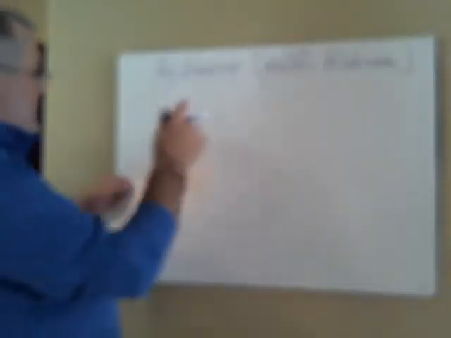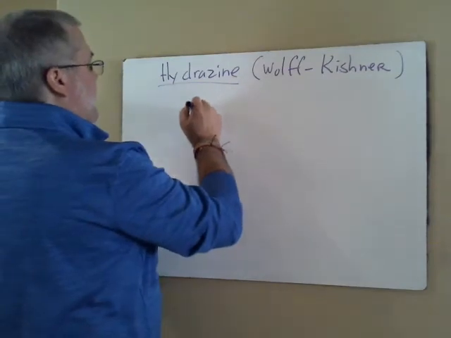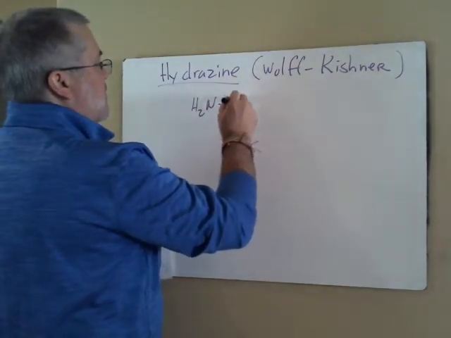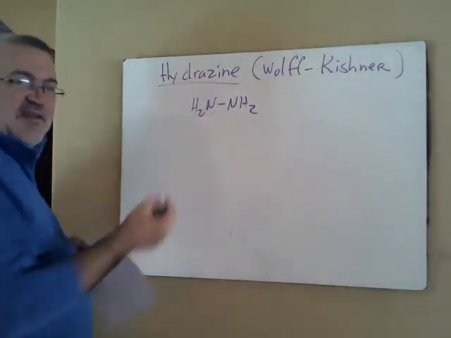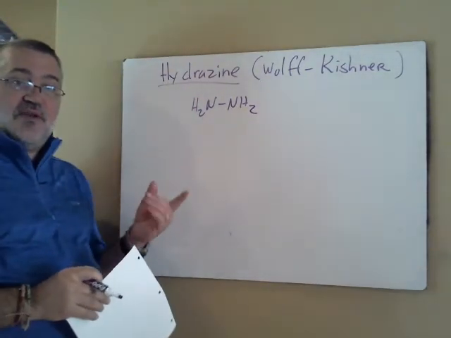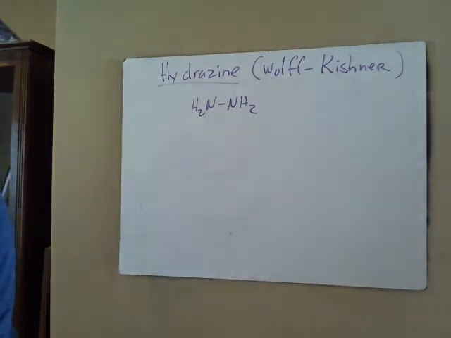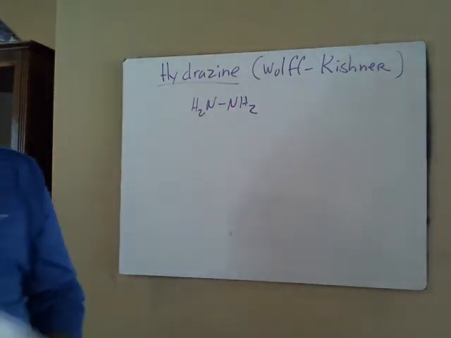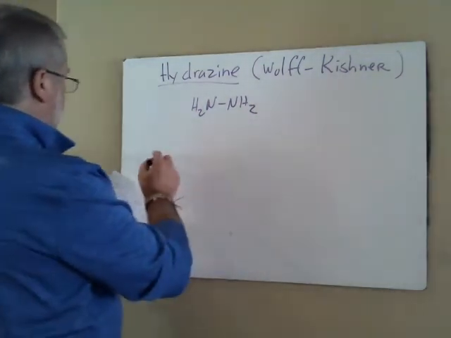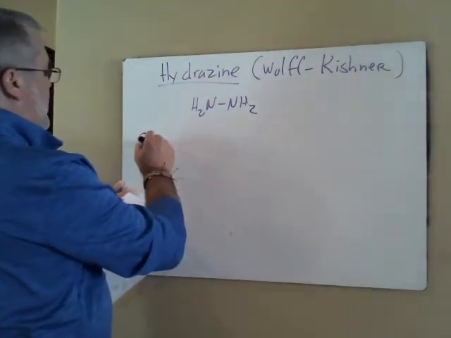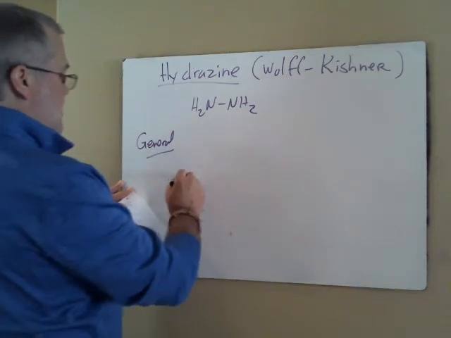But it's a reaction of hydrazine. And hydrazine is basically, looks like two primary amines attached together, two NH2 groups. That's hydrazine. Okay? And hydrazine reacts with ketones and aldehydes to give an interesting result. Okay? This would be the kind of thing that you'd put on your flashcard, the general reaction.